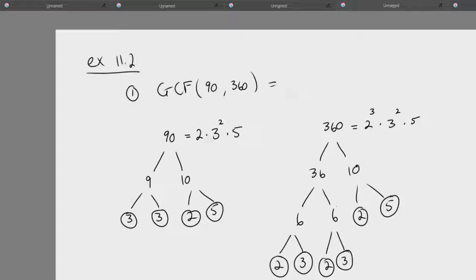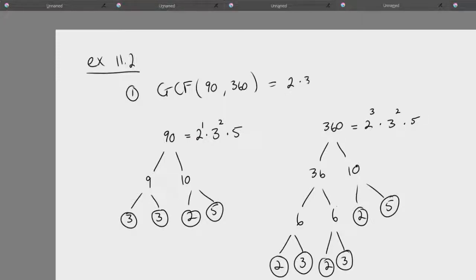Now, how do I build this greatest common factor? Can I use a 2 in its building? Yes, because a 2 is common to both. How many 2's can I use so that this answer, the GCF answer, still fits into either one of these? I can only use a 1 because this guy just has 1.